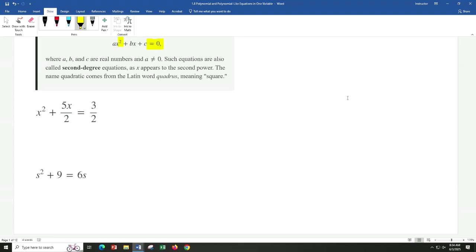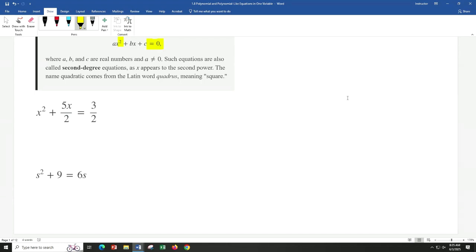Well, the first rule is always to get it to zero, but technically speaking, I always like to get rid of the fraction first, which means I'm going to multiply everything by 2. For the sake of time, just assume moving forward, anytime you see a fraction, unless I state otherwise, I'm going to jump right in and remove the fraction.